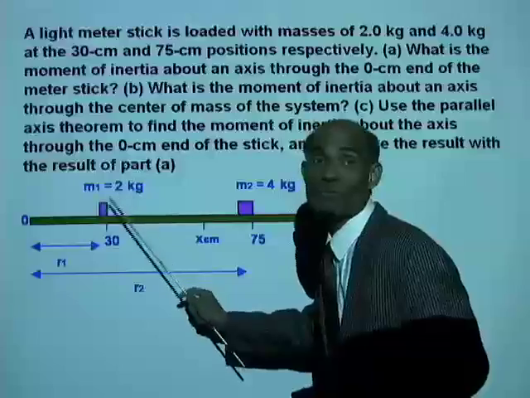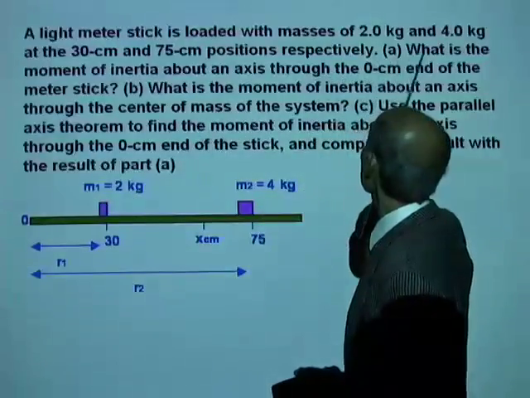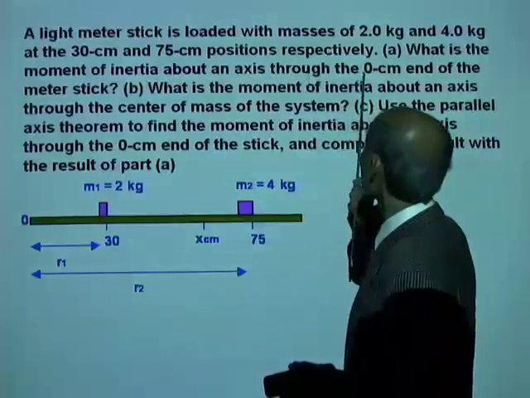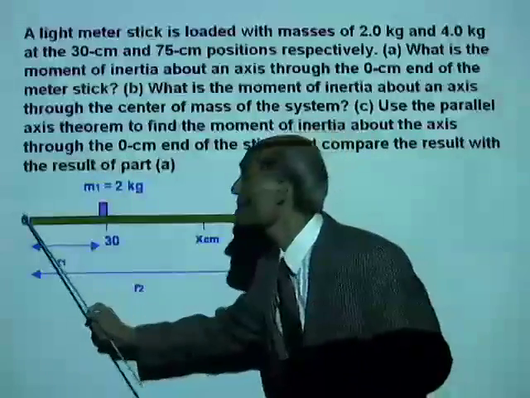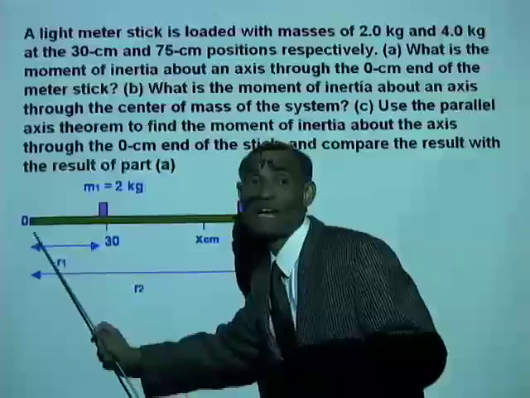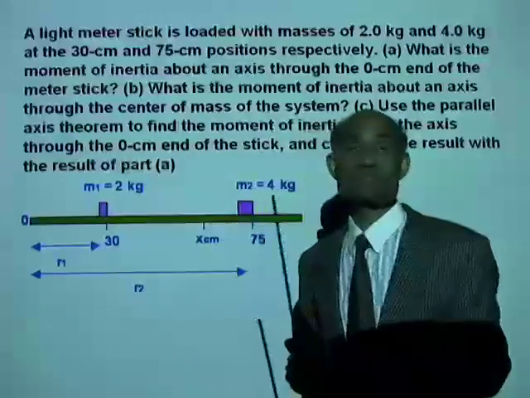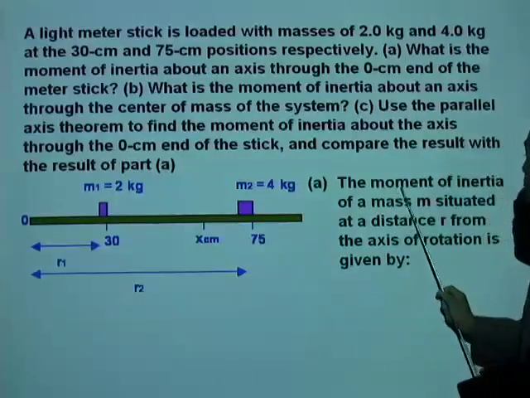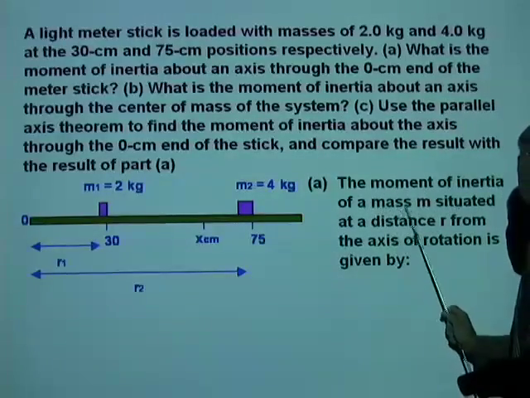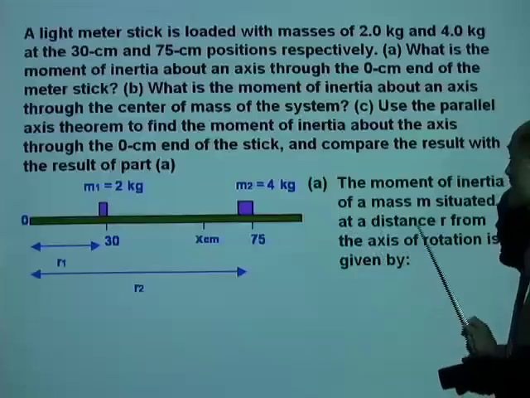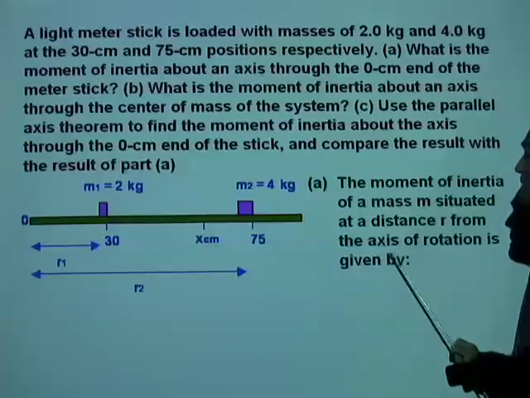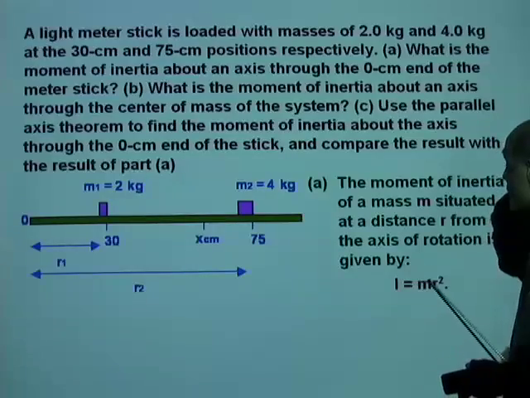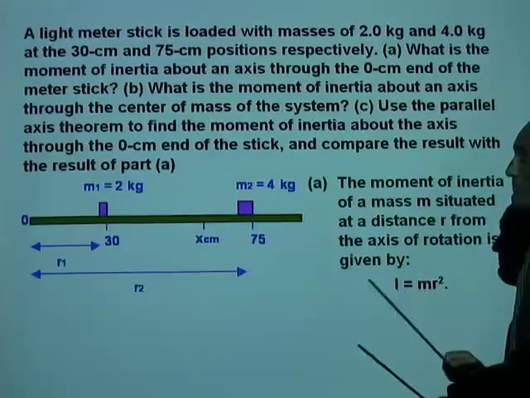So in part A, we want to find the moment of inertia about an axis through the 0 centimeter. That means about an axis passing through the 0 centimeter of the meter stick. The moment of inertia of a mass m situated at a distance r from the axis of rotation is given by I equal to mr squared.